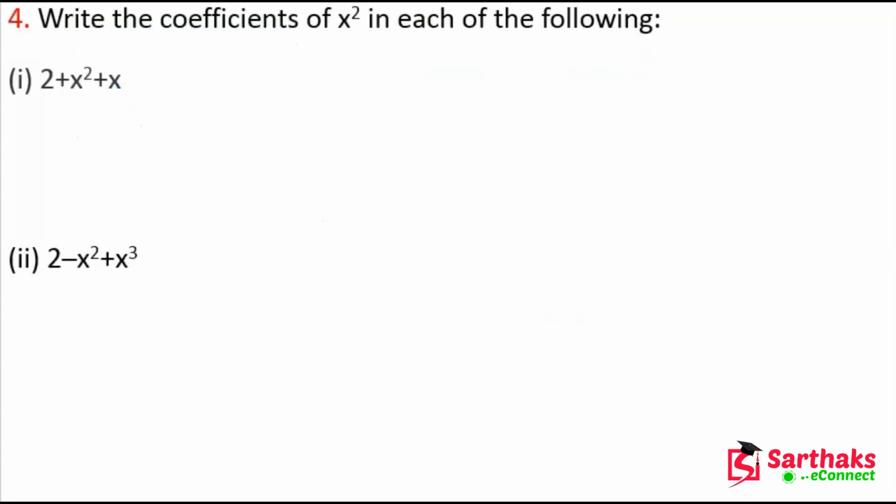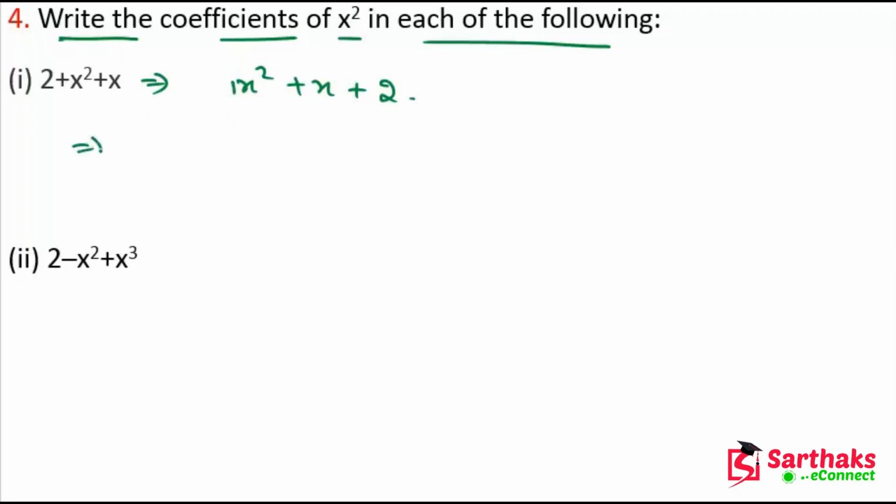So now the next question is, my dear friends, write the coefficient of x square in each of the following. So in this case, coefficient of x square is what? We can write this expression as x square plus x plus 2. In this case there is no coefficient, so we can write here 1.